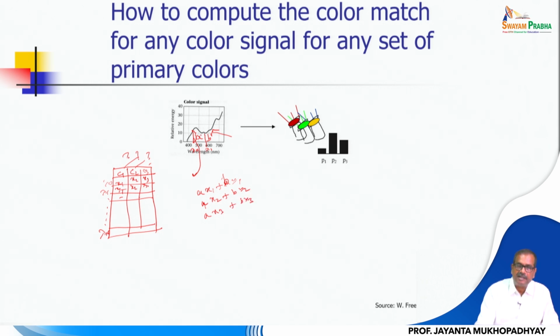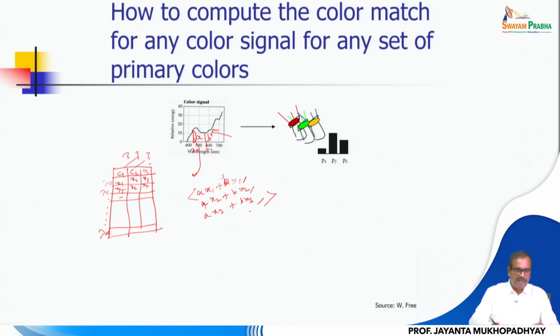So if my color signal contains only these two signals, using this color table, I know that these are the three components which will represent my effective color. Now you extend it. You consider all possible lambdas and go on computing them in this fashion as a linear combination of those components.